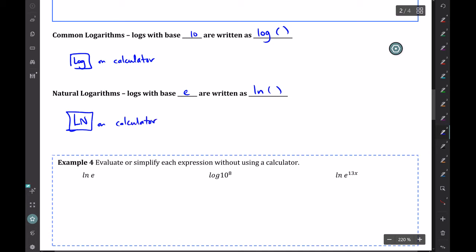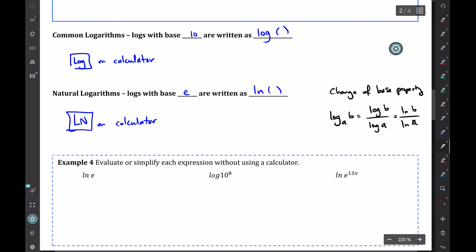And those are the only two logs you can really evaluate with your calculator, unless you know this very important property, called the change of base property. And the change of base property, all it says is that log base a of b is equal to log base 10 of b over log base 10 of a, or it's also equal to natural log of b over natural log of a.